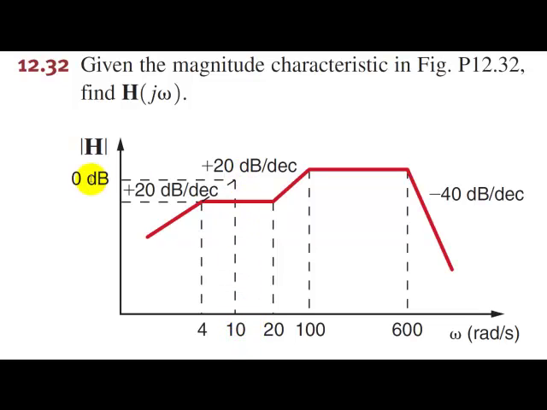That's the hint that is given to you. With 20 dB per decade, you have a 0 dB for the transfer function, and you will use this to find the constant for the transfer function.